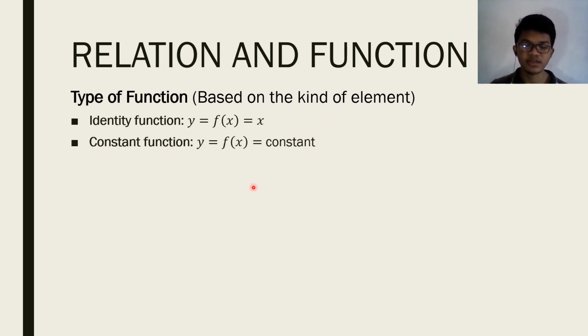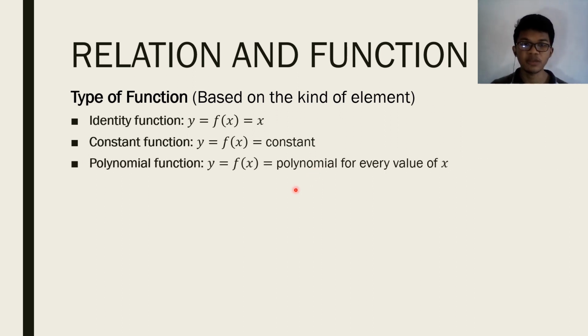The second is constant function, y equals f of x equals a constant. The range of the function is constant. The third is polynomial function, i.e. y equals f of x equals a polynomial for every value of x.